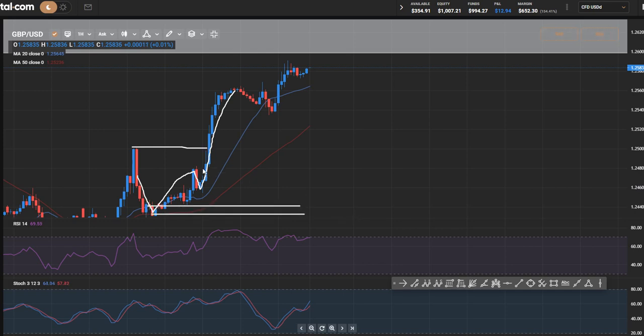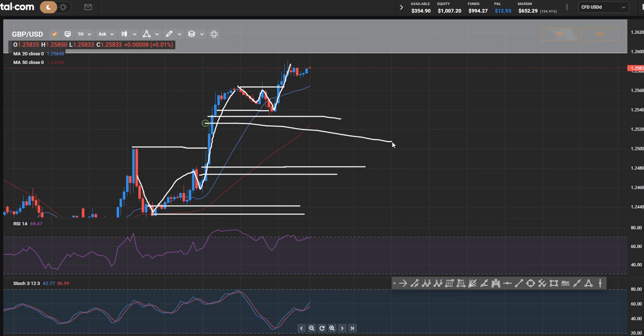And then you can clearly see at this point we have a nice imbalance. Came all the way up, market came down here and then started breaking the low. So there's something here holding the market. It could be something on the higher or lower time frame, but you can see it also has a nice imbalance zone here.